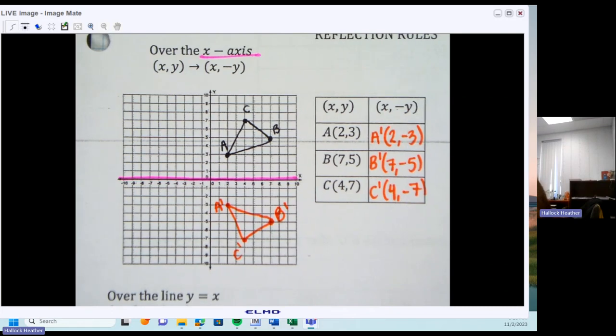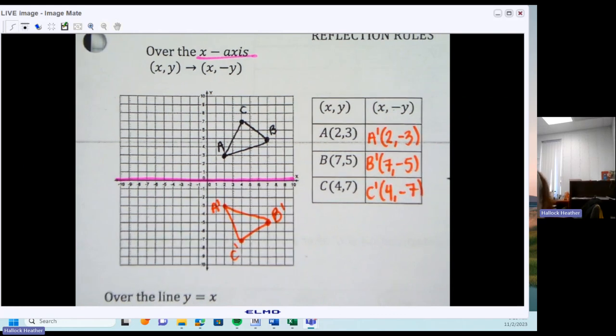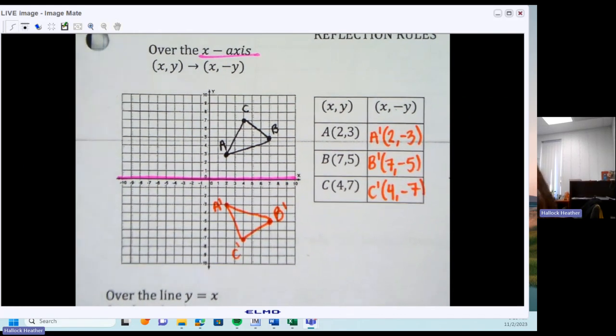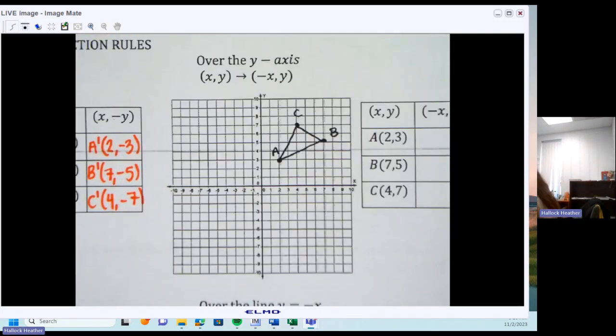It's just on reflections, rotations, translations. But the catch is once we learn them all, then we're going to start combining them. So you're going to have to reflect it and then translate it, or you'll have to translate it, then reflect it. But on your EOC, same thing. It's a very big part of your EOC. So I'm trying to go slow with it because if you learn anything from this year, it should be this unit.